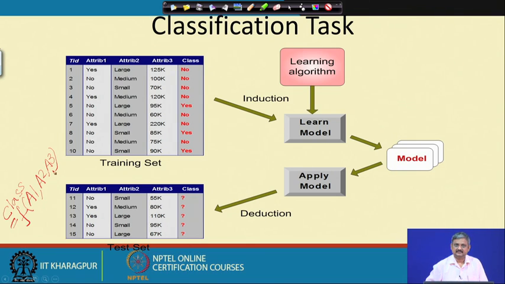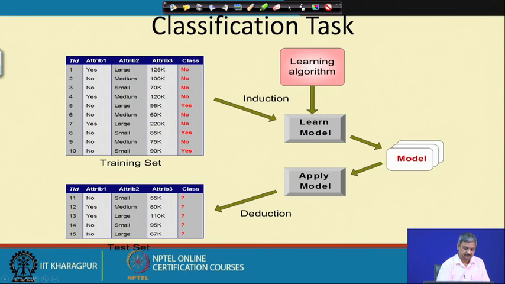This function will take on these 3 values, yes, large, 125k, and return yes or no. What are the parameters of this function? That I will have to learn from these 10 examples.